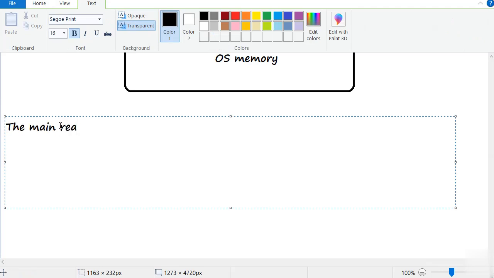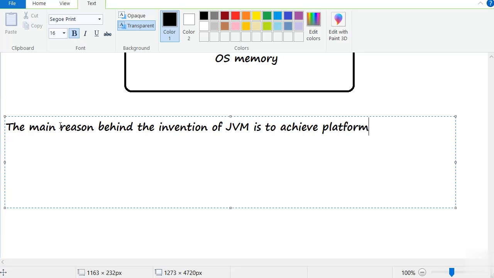The main reason behind the invention of JVM is to achieve platform independency.